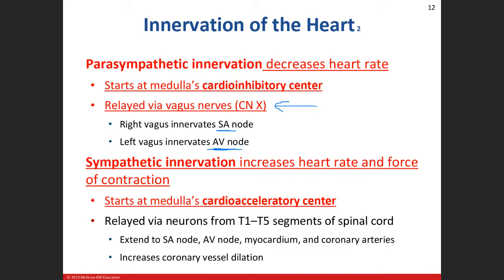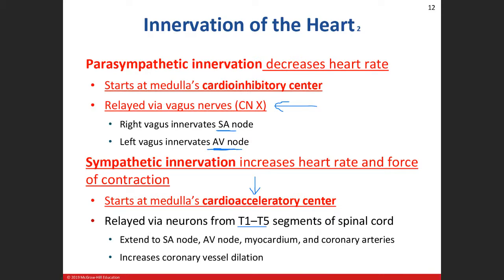Sympathetic, remember, is fight or flight. It's going to speed us up a little bit, so it's going to increase our heart rate and the force of contraction. So it's responsible for influencing the cardioacceleratory center, specifically T1 through T5. You need to know that.